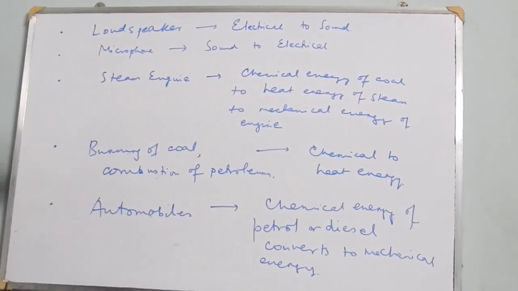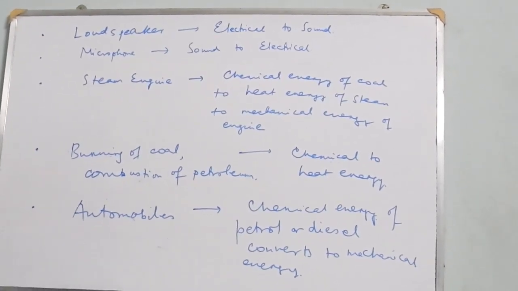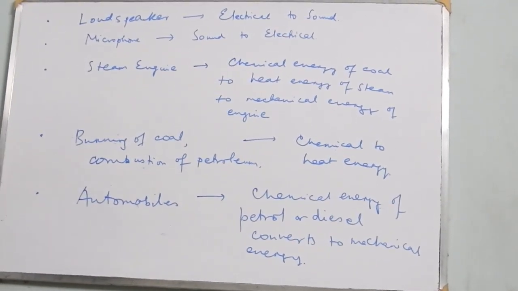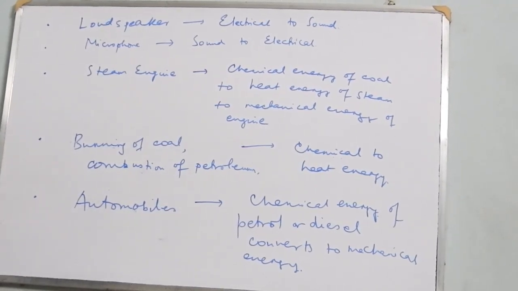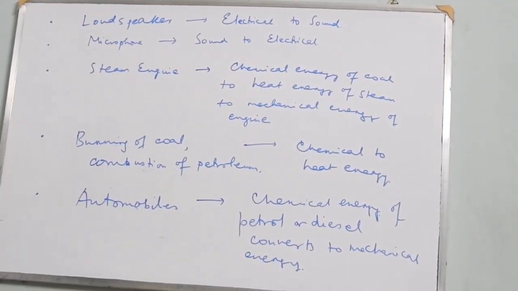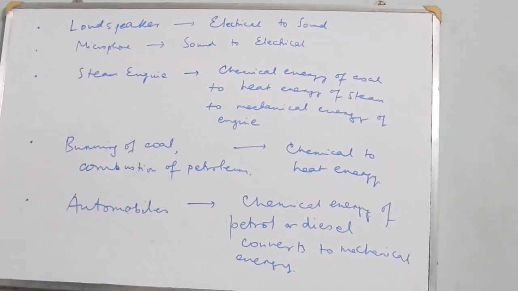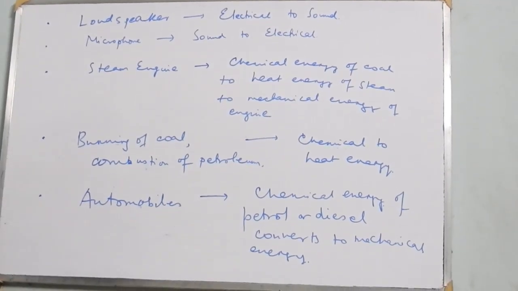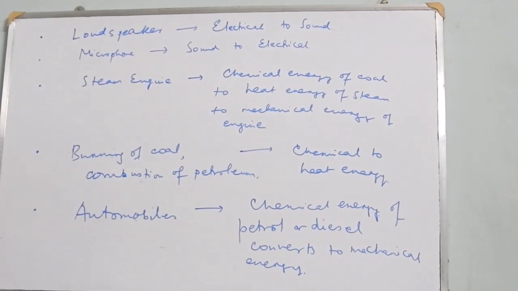Some amount of energy is lost. Say for example, if you are converting electrical energy to mechanical energy, some amount of energy might be lost in the form of heat. If you take the example of a bulb, its objective is to produce light energy by consumption of electrical energy, but somehow the energy is lost in the form of heat.